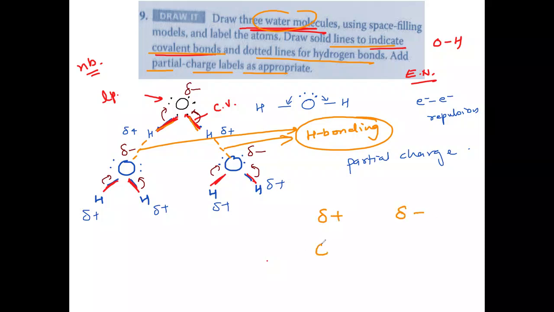Oxygens will develop a partial negative charge, hydrogens will develop a partial positive charge. We understood why: the electron density is more near oxygen, so it develops a negative charge. Electron density is lesser near hydrogen, so it develops a partial positive charge. That's it.